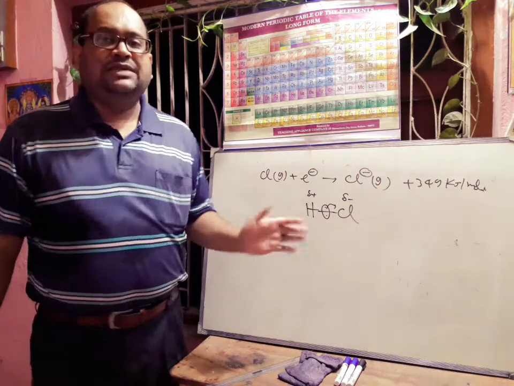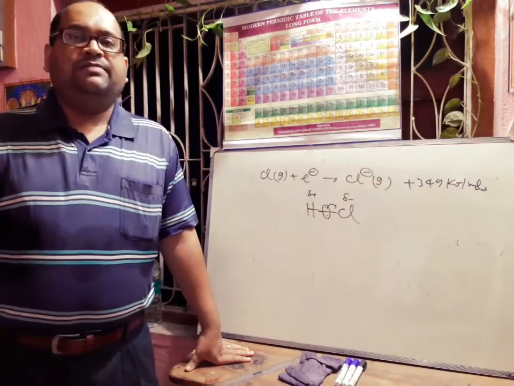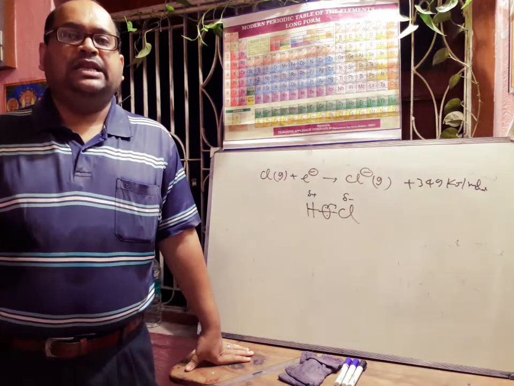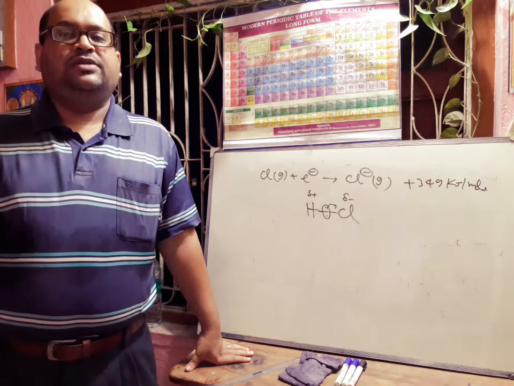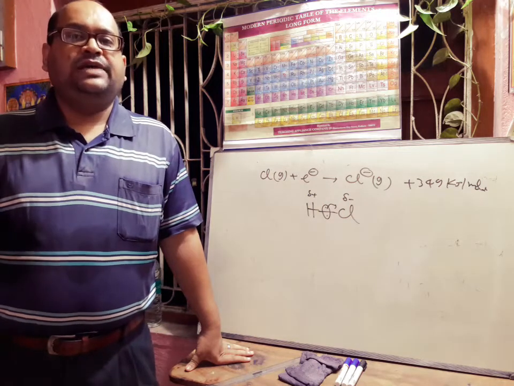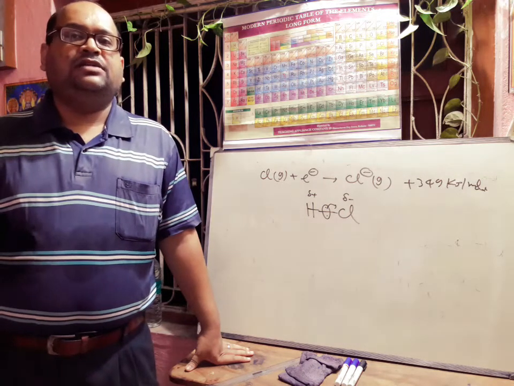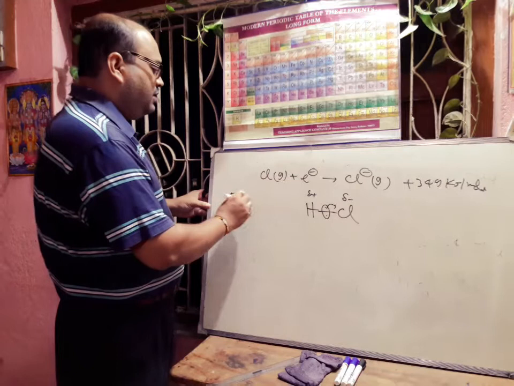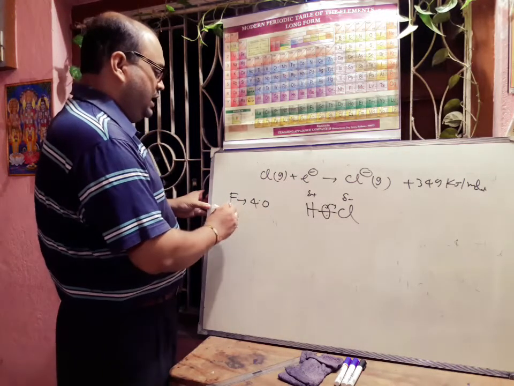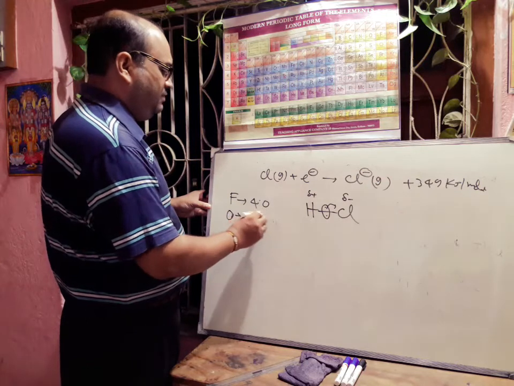Now there are some scales to measure electronegativity. Linus Pauling gave the most important electronegativity scale, and in this scale fluorine has the highest value of electronegativity, which is an arbitrary value. With the help of his scale, Pauling calculated the electronegativity of other atoms. If we consider that the fluorine electronegativity value is 4, then oxygen will be near about 3.5.